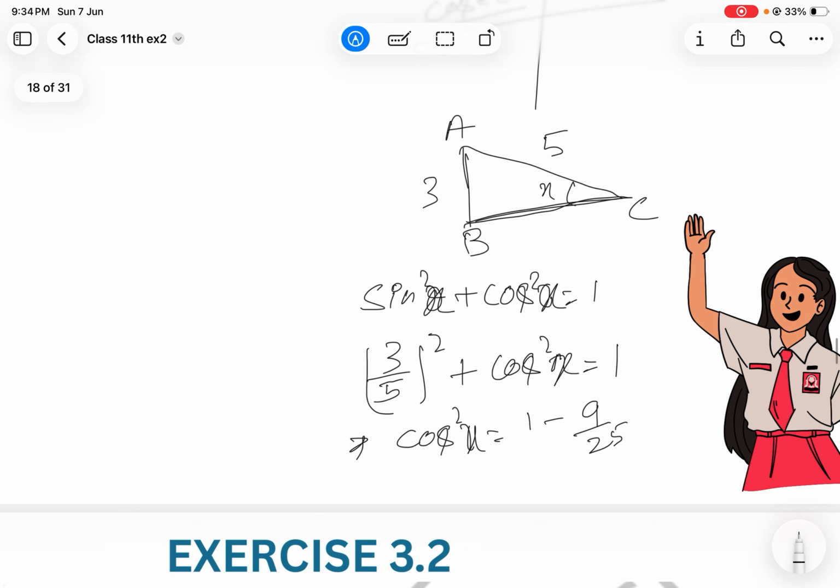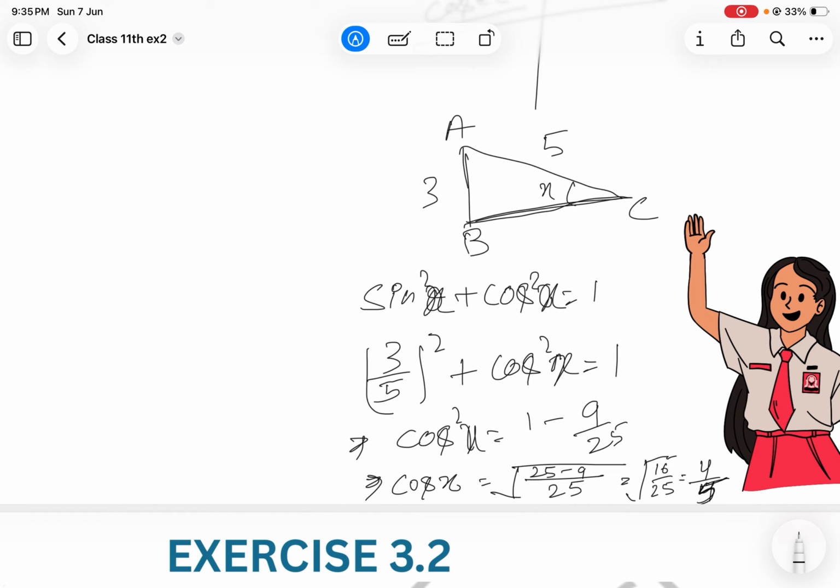That is equal to, cos x equals under root 25 minus 9, that is under root 16 by 25, that is 4 by 5.